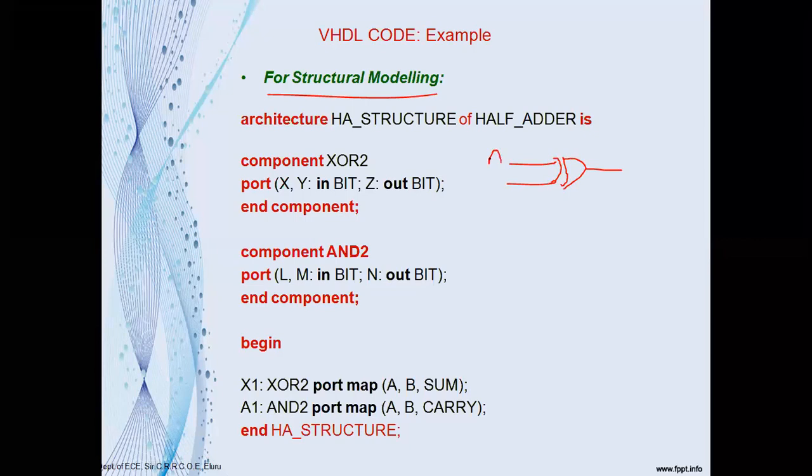Let the inputs be A and B, and this is sum, and the carry is implemented with the AND gate. So this is the structural modeling. In the structural modeling, we take the circuit diagram and use components such as digital gates and digital components, and their interconnections describe the behavior of the system.